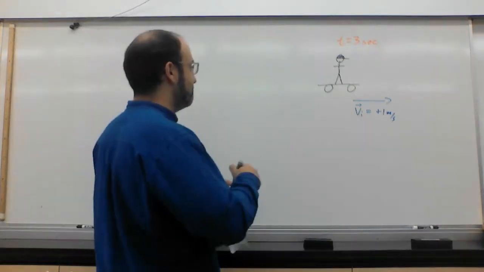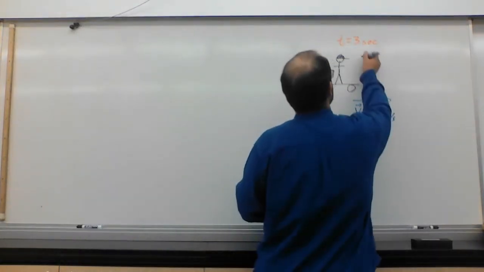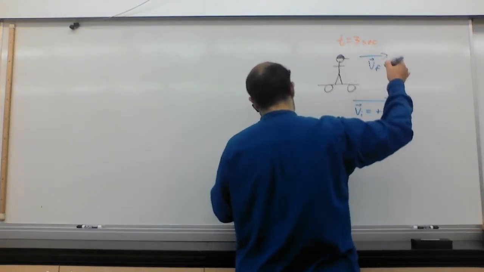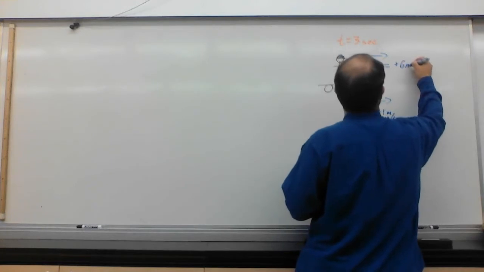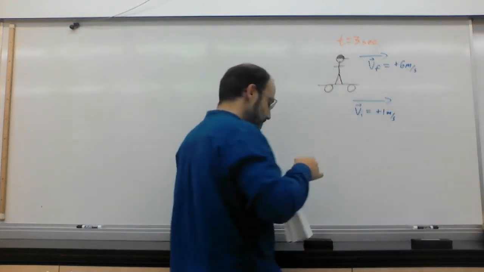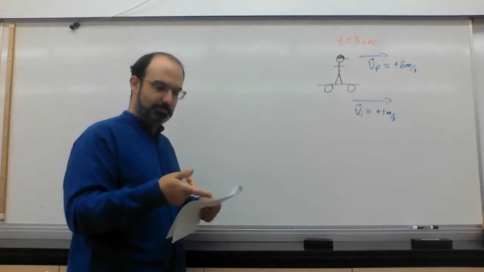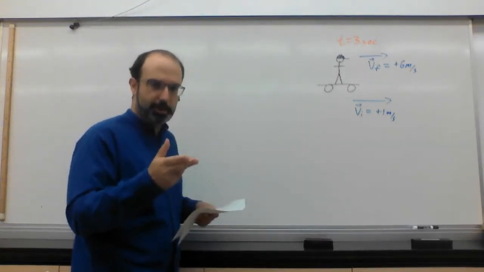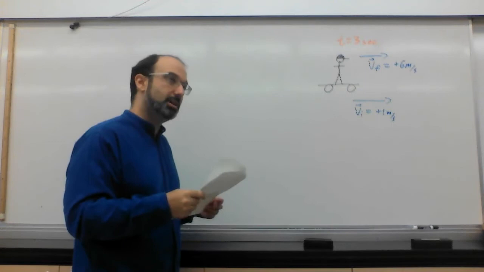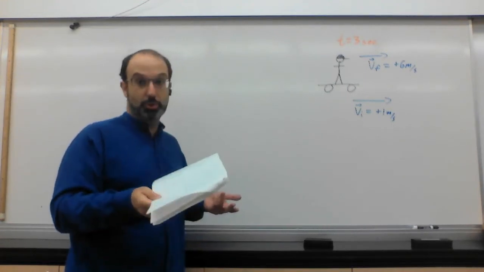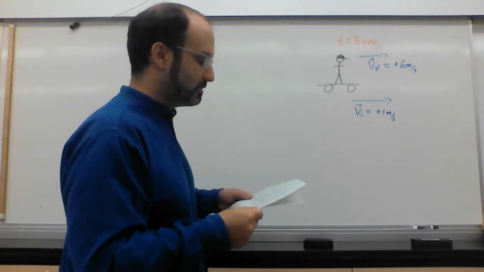And then he has a final velocity at the end, I'll put that up high, a VF, little arrow, of plus 6 meters per second. Okay, we could, instead of writing plus, we could have written east, or north, or up, or forward. Although if you're using a skateboard to go up, you might have invented a hover skateboard, which is cool, but a little outside the scope of this question.